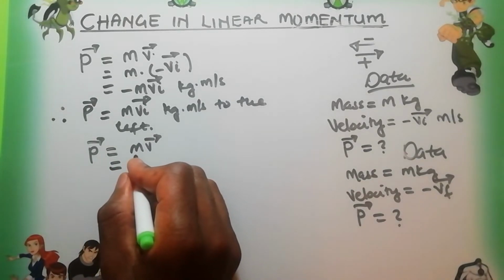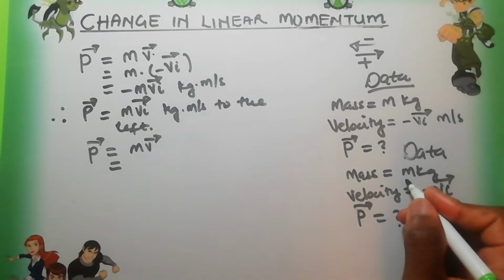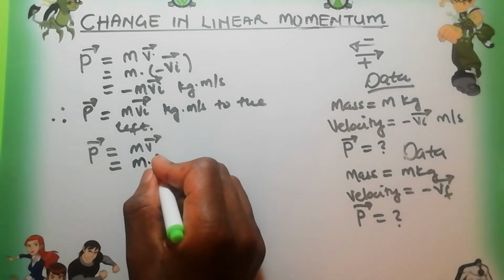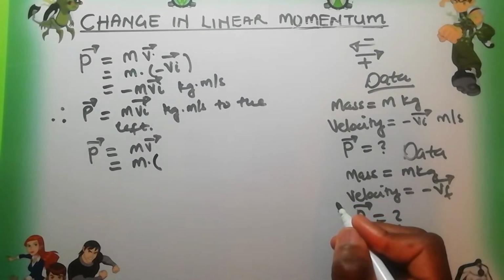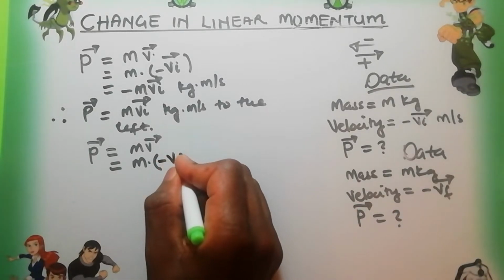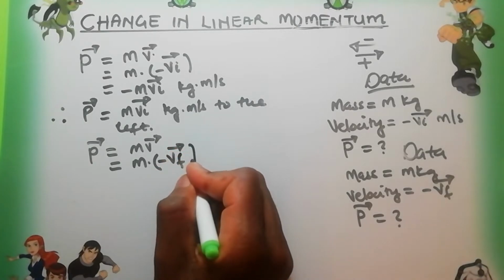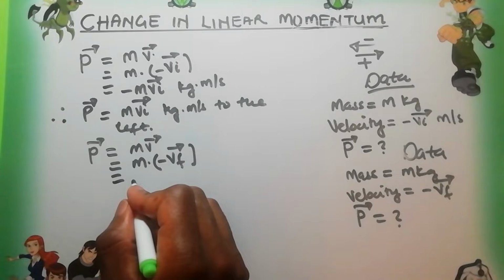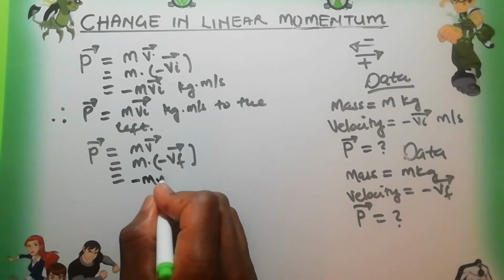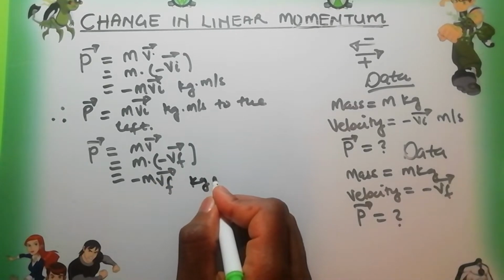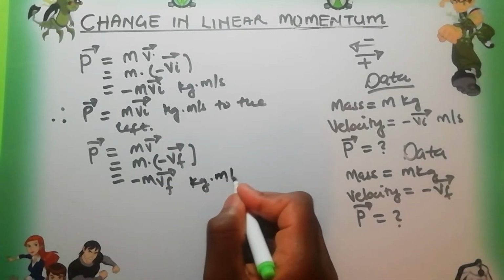So mass equals m multiplied by our velocity, minus vf. So the momentum of the truck will be minus m vf kilograms meters per second.